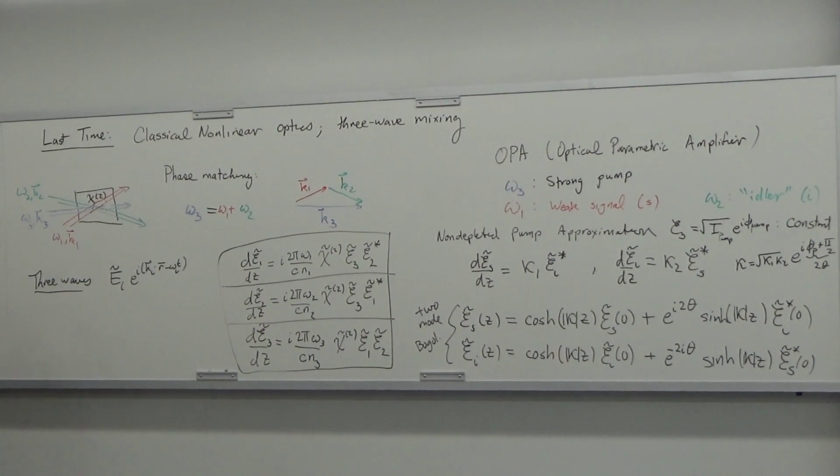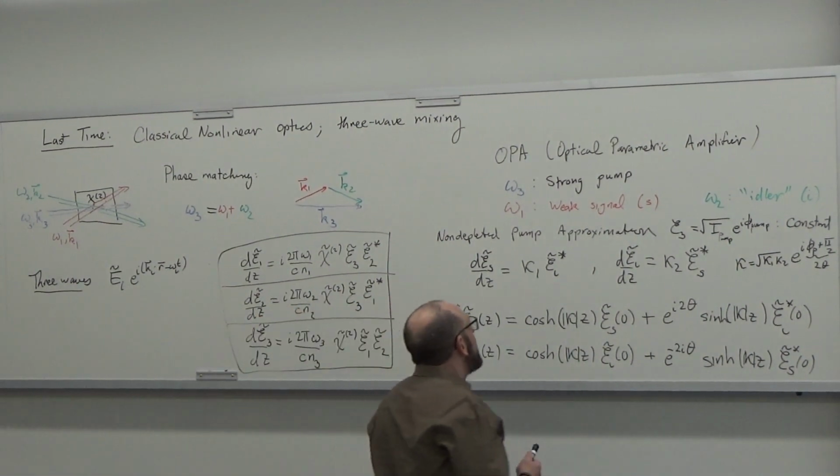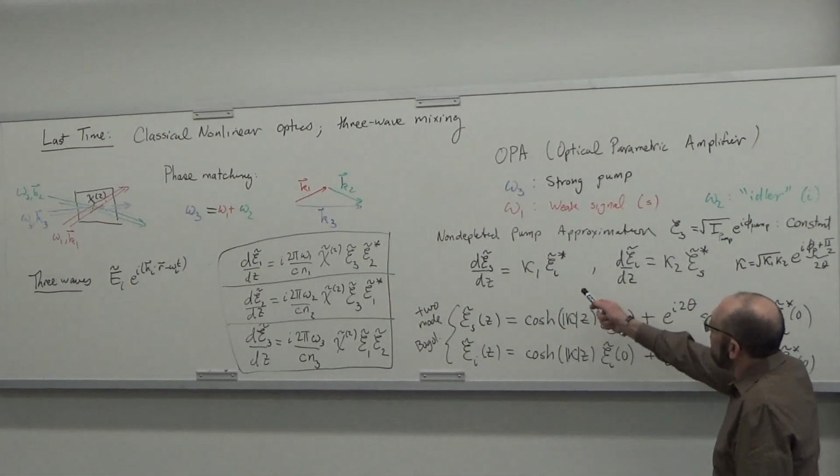And so we might say this will be our signal that we want to amplify. And say we inject some small amount of intensity into the crystal at some direction, then we get equations of motion.